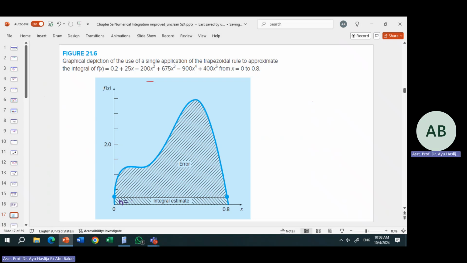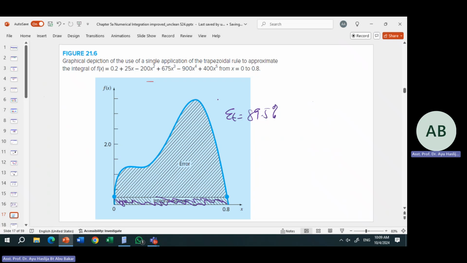Okay, you see, if only n equals 1, the integrated part just now is only this part. That's why for the true error just now, how much did you calculate? The true error is 89 something, right? 89.5%.